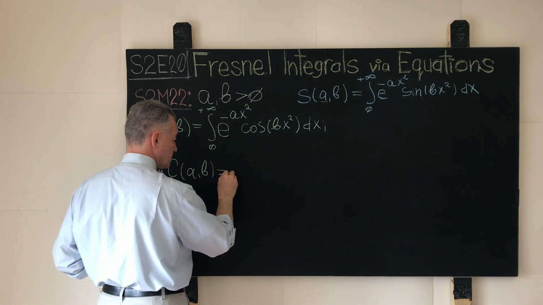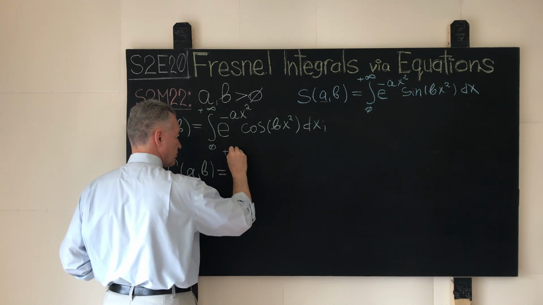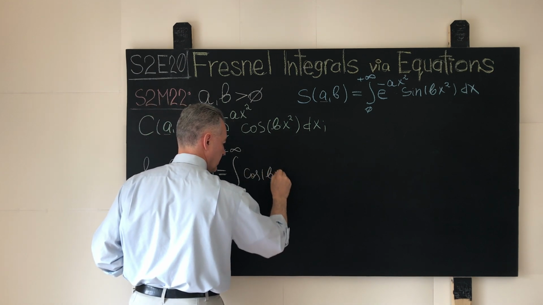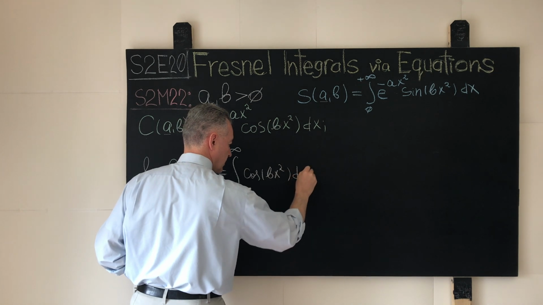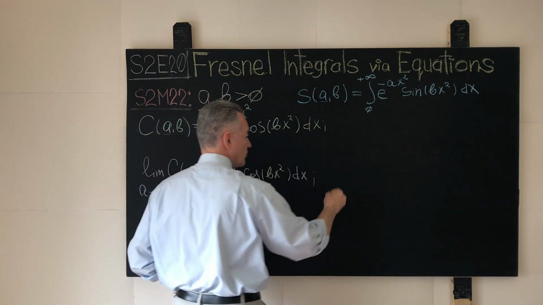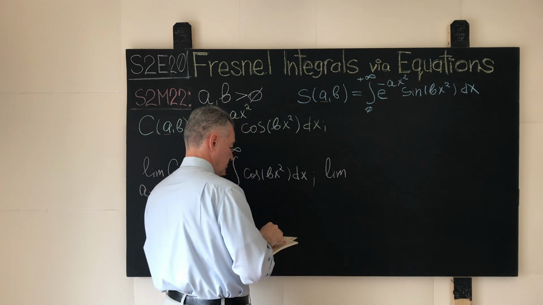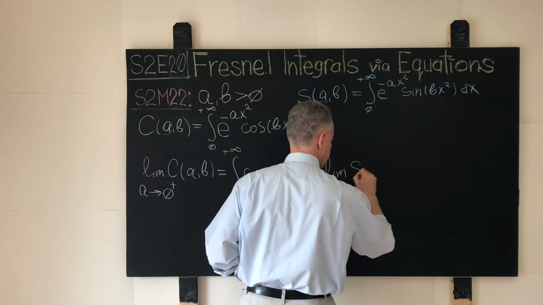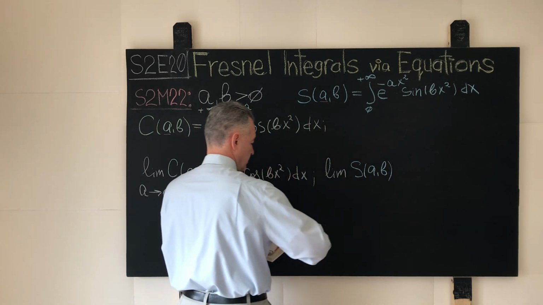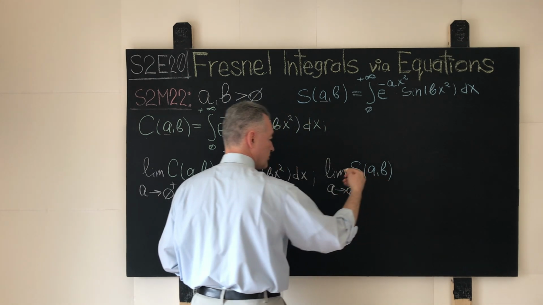Well, precisely through the machinery of real analysis, we will have an integral that runs from 0 to positive infinity of cosine of b x squared dx, and over here we will take the limit of the function s of a and b as, again, a tends to 0 from the right.